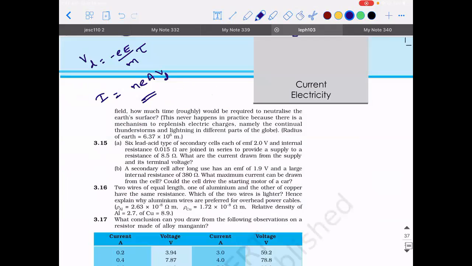Okay. Let's try this. There are 6 lead acid type of secondary cells of EMF 2 volt and internal resistance 0.015 ohm joined in series to provide a supply to a resistance of 8.5 ohm. What is the current drawn from the supply and its terminal voltage? Can you guys try?